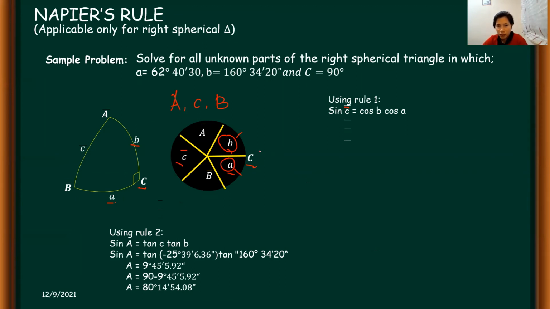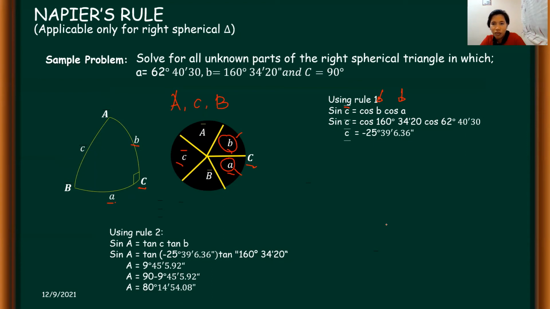So sine C bar is equals to cosine B cosine A. So just substitute the values of A and then substitute the value of B. Then we can compute that cosine 160 degrees, 34 minutes, 20 seconds, cosine 62 degrees, 40 minutes, 30 seconds, that is equivalent to negative 25 degrees, 39 minutes, and 6.36 seconds.